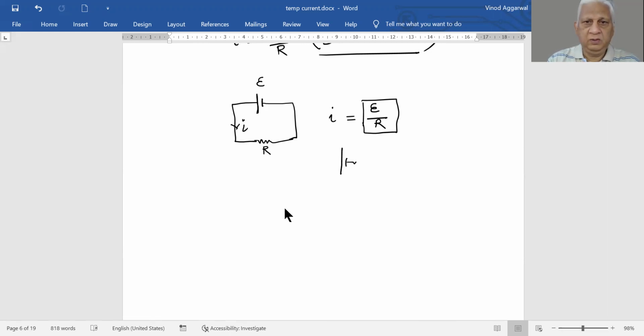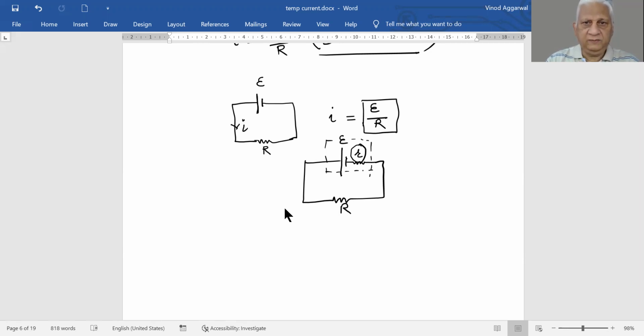So if we take a battery like this, with E as the EMF, and this resistance r, we don't see this resistance since it is very low. Nevertheless, it is there.